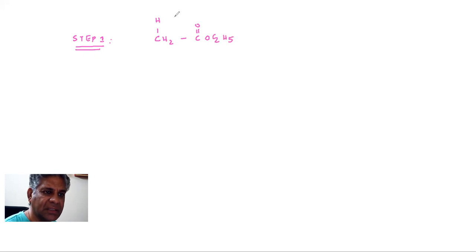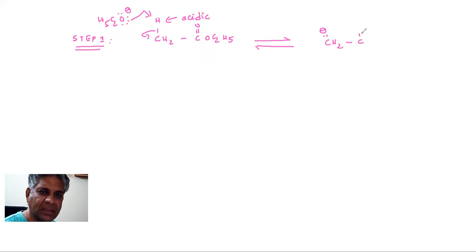Now this is an acidic proton. This is acidic, and now you have the base sodium methoxide. Now the base will abstract the proton, forming a resonance stabilized carbanion. Now this is CH2 minus and then C double bond O C2H5 plus you'll get ethanol.